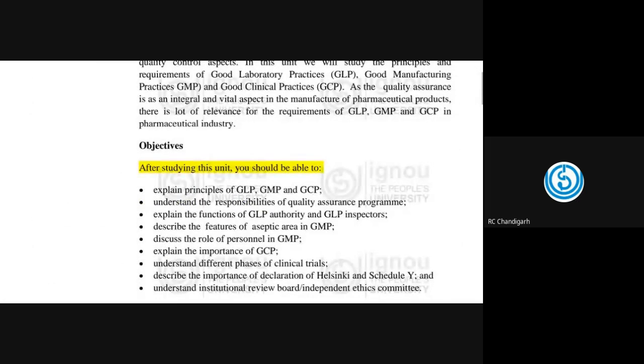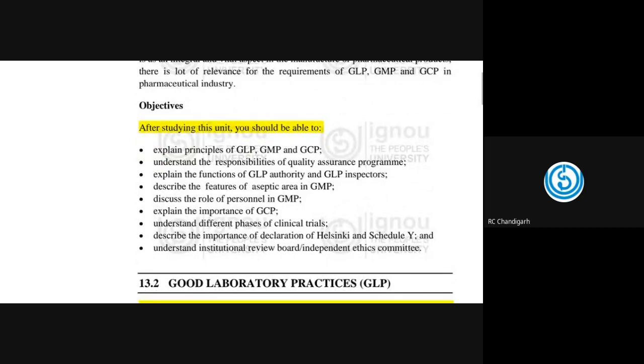After studying this unit, you should be able to explain the principles of good laboratory practices, good manufacturing practices, and good clinical practices. Understand the responsibilities of the quality assurance program. Explain the functions of the good laboratory practices authority and GLP inspectors. Describe the features of aseptic area in good manufacturing practices.